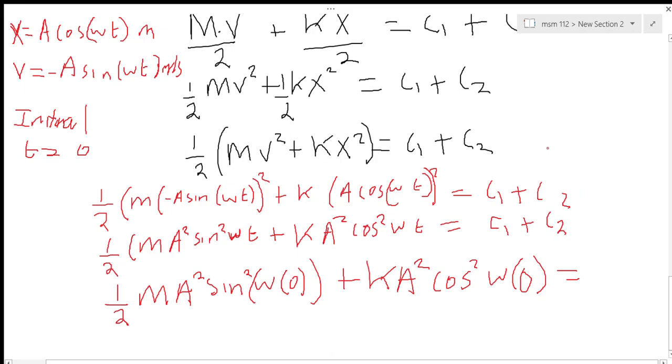We say let C1 plus C2 be equal to M, so that we can just be writing M here because it's some constant number. Or let me write E so that I don't disturb this. Okay, so this is equal to E. Let this be equal to E, like this, right?